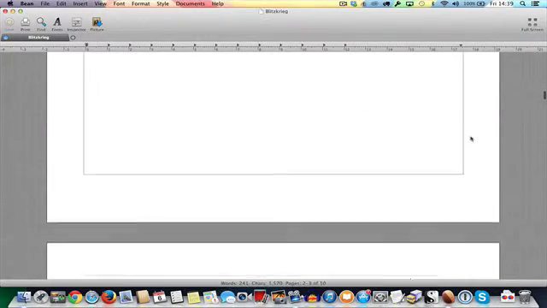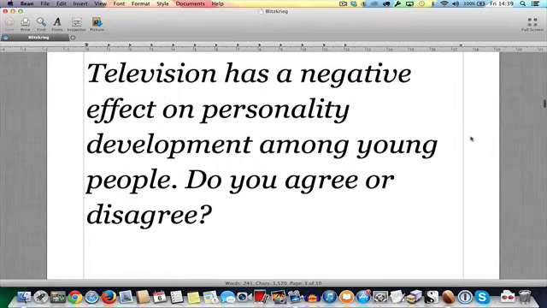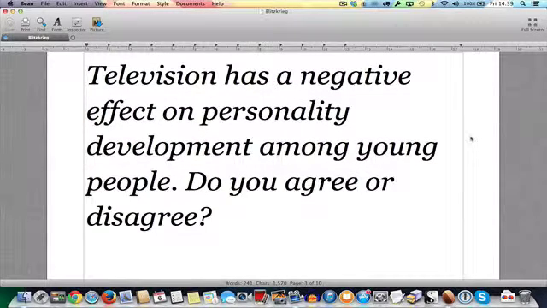So let's take a look at an example question. Television has a negative effect on personality development among young people. Do you agree or disagree? Selecting the type of essay you will need to write requires identifying and understanding the question's action words.